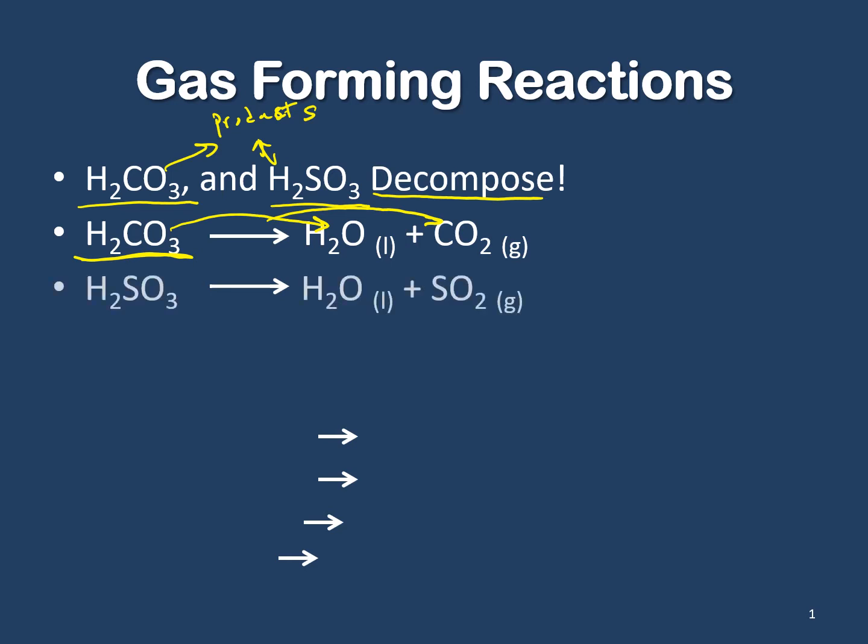So the same thing is true of sulfurous acid. It breaks apart into water and SO2. So when we write products, let's say we've done our double replacement, we got carbonic acid plus something else, maybe NaNO3 or something here.